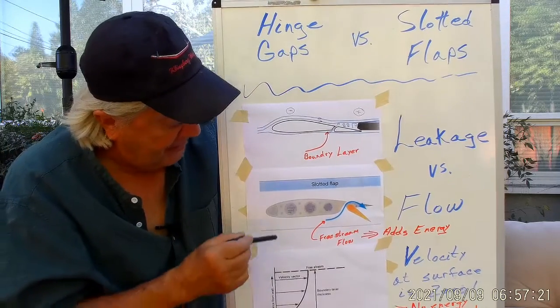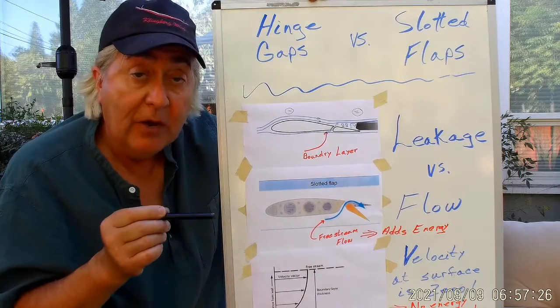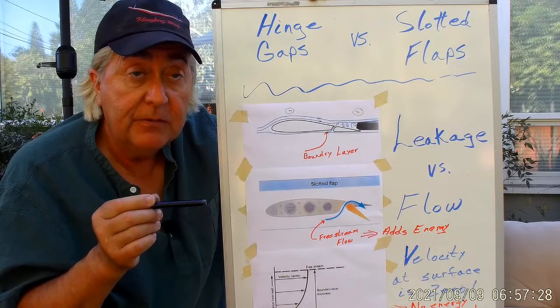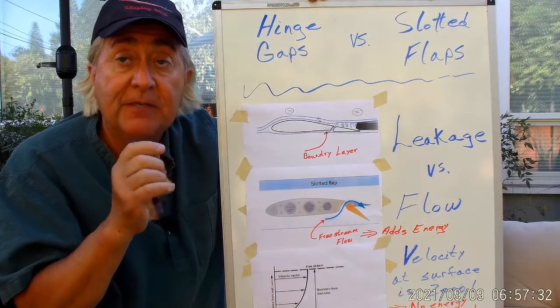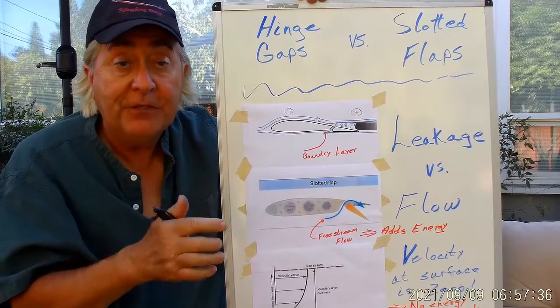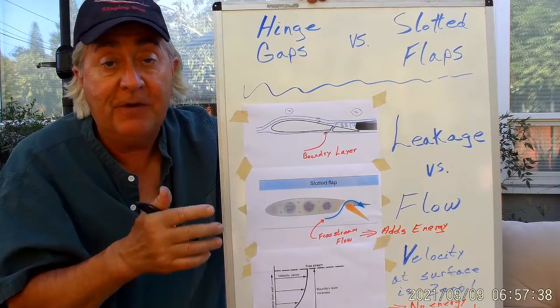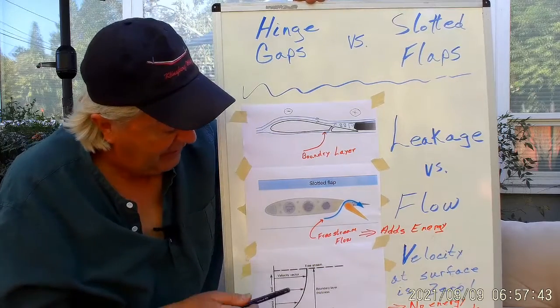And because of the shape of my gap, we are preventing the free stream flow from going through the gap because of how I shaped the front of the control surface, which is normal. We don't want the free stream flow going through there all the time to be very draggy. So the only air that can leak through there has to come from the boundary layer.